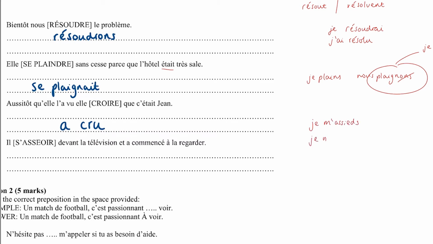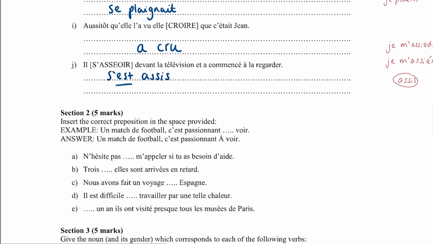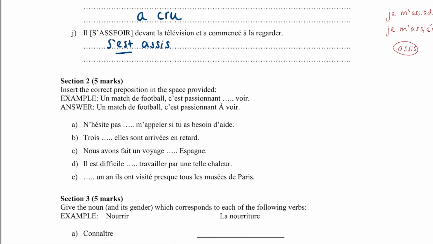The future is quite horrible. Je m'assierai. But we just need the past participle here, which is quite easy. Assis is the past participle. So il s'est assis. Remember, reflexive verbs in the passé composé always use être. Il s'est assis devant la télévision et a commencé à la regarder.